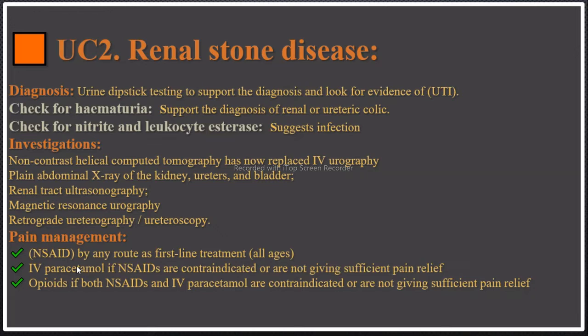So what is the second line? IV paracetamol. Please remember that. Opioid is another scenario. So what is the third line? Opioid, if both non-steroidal and IV paracetamol are contraindicated or not giving sufficient pain relief. This can be a question.